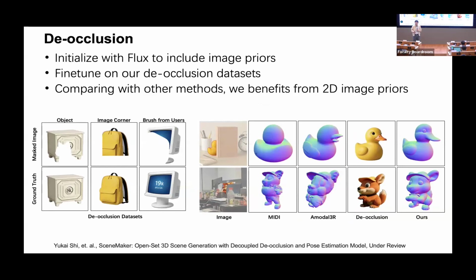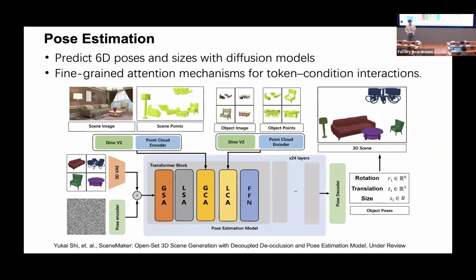But the image generation models are trained on a much larger scale of data. So it is helpful to make use of those models trained with much more data.